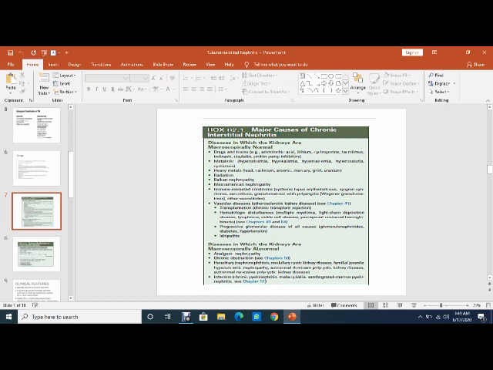chronic TIN. These are the hyperuricemia, hypokalemia, hypercalcemia, hyperoxaluria, and cystinosis. Heavy metals: lead, cadmium, arsenic, mercury, gold.